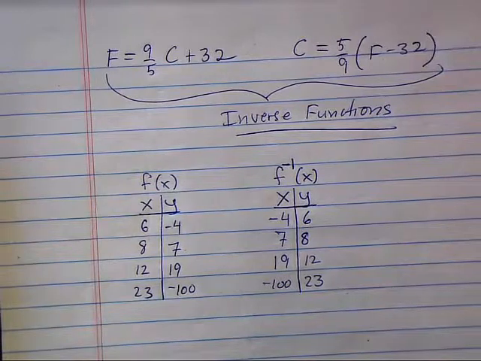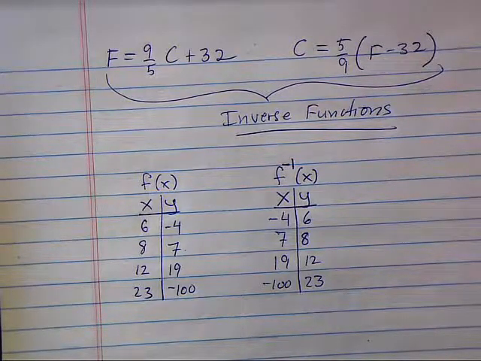There would be the inverse function. So what does the inverse function do? It's a mirror image. It switches the x's and the y's. It switches the inputs with the outputs. It switches the domain and range. There's lots of ways I can say that. That would be the inverse function.